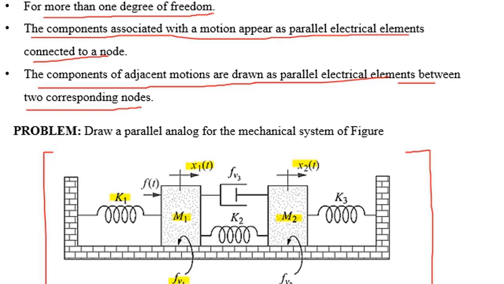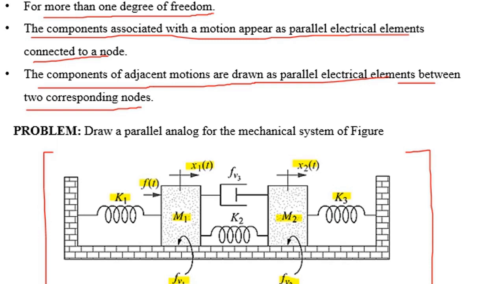Components attached to the first point are a spring with coefficient K1 and surface friction with coefficient ρV1. Components connected with the second test point are a spring with coefficient K3 and its surface friction ρV2.